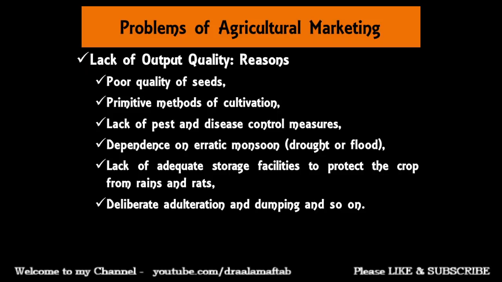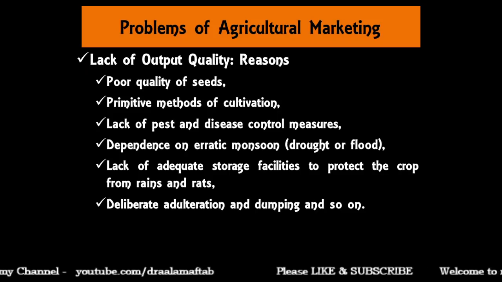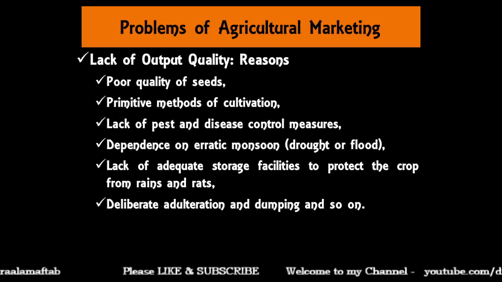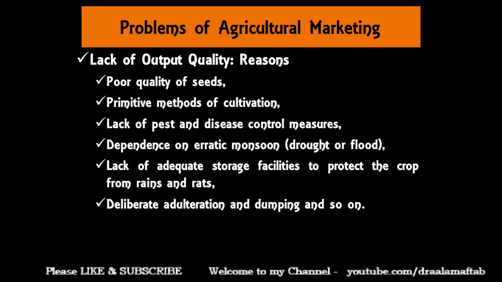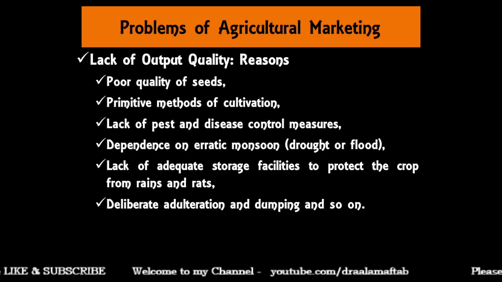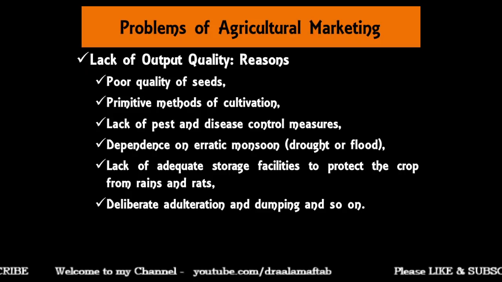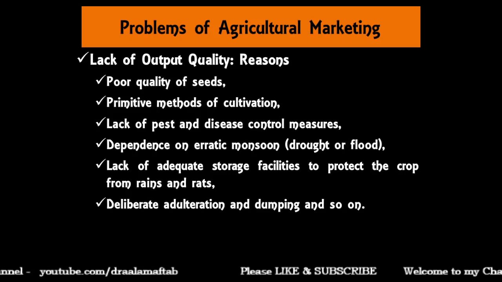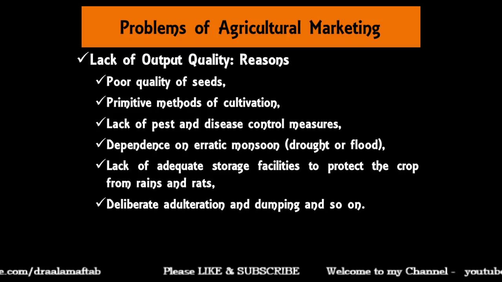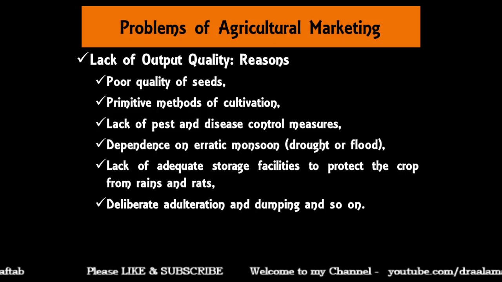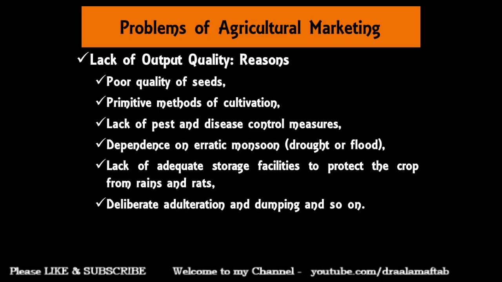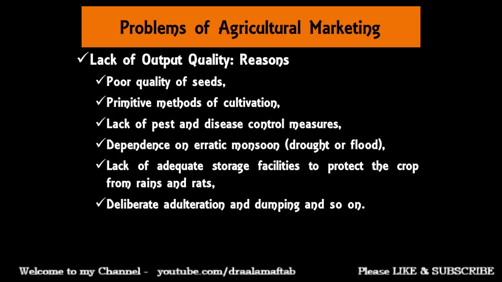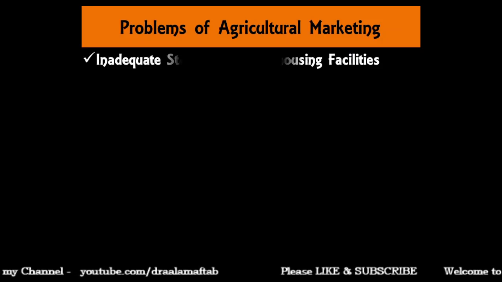You find at times in rice or wheat or grams, you will find stones or pebbles. That is because of adulteration. So all these reasons lead to lack of output quality, and when the quality of output is not good, you cannot brand it, you cannot market it properly. So this is the first and foremost defect of agriculture marketing.